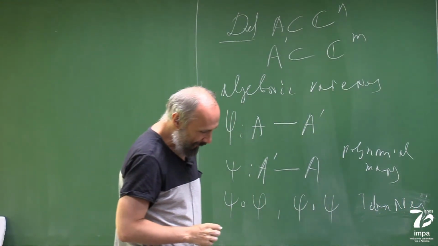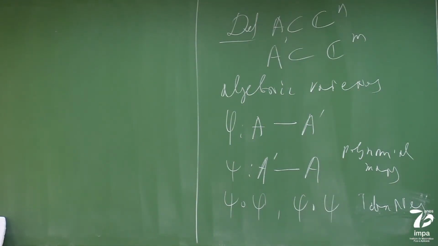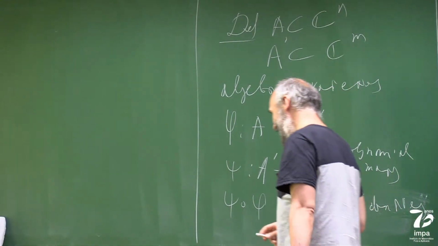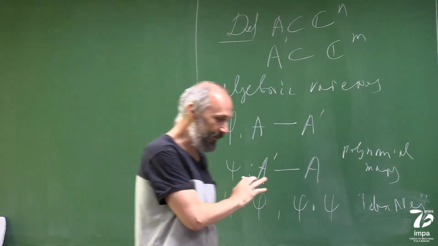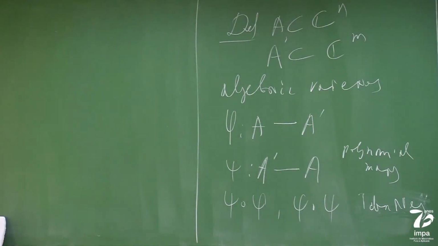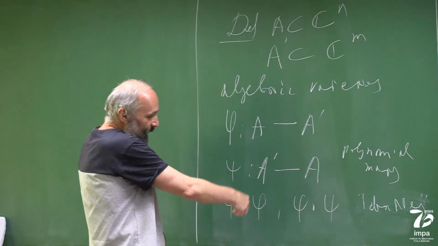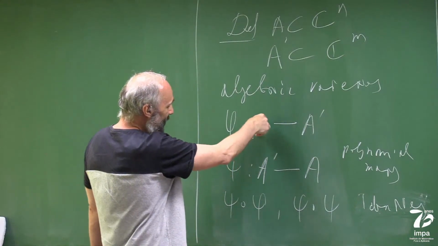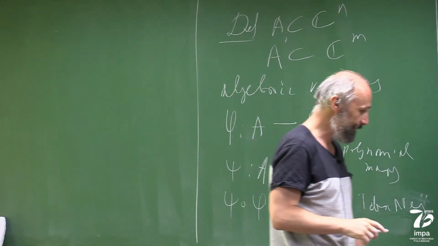And when I say identity, I should specify that it is identity not only on the sets, but also on functions. Otherwise you can have things like, well, it's better to specify that it's identity on functions. You can take pullbacks of algebraic functions from A to A prime using this map, but it should be identity.